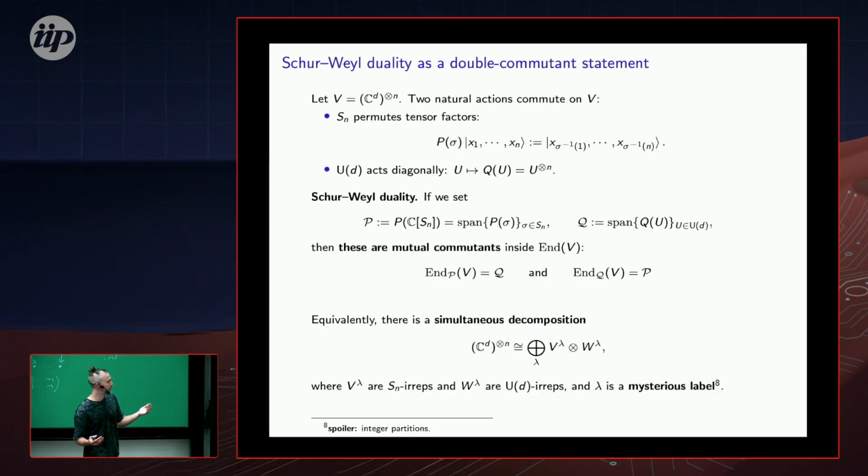The same irreducible, the same label lambda, appears on both sides at the same time, this kind of tensor. In general this doesn't need to be the case, but we will see this is the case, and this lambda is a mysterious label we will soon understand.